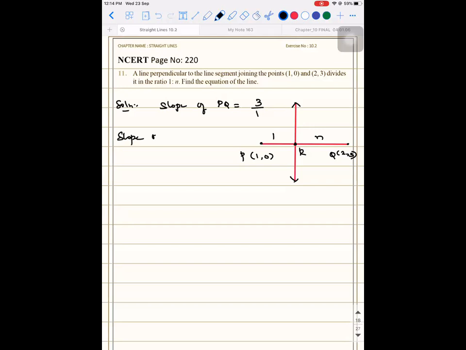So what will be slope of line perpendicular to PQ? It will be minus 1 by 3. Accepted? So you got the slope of line which is perpendicular to PQ. What is point R?